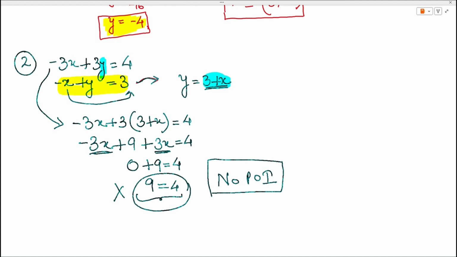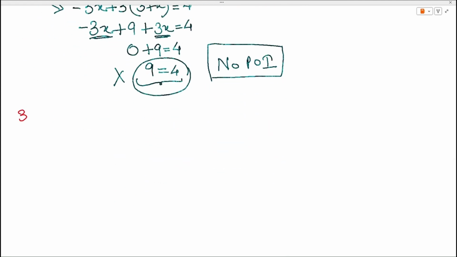Let us take the third example now. So our third linear system is x minus 3y is equal to 6 and 4x minus 12y is equal to 24. Now we'll try to isolate for this x because this does not have a coefficient written with it.